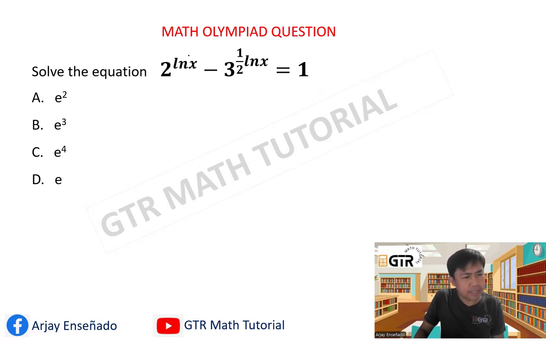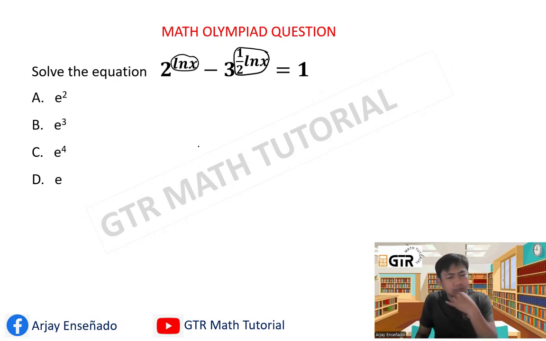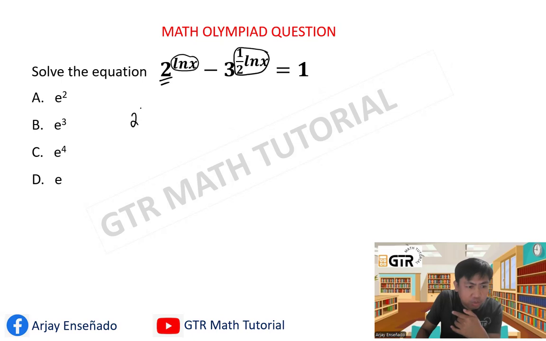So let's think how can we write ln x into 1/2 ln x. How to make this the same? We can raise this to 2 raised to 1/2 and then square. So we have 2 squared and then raised to 1/2 ln x.